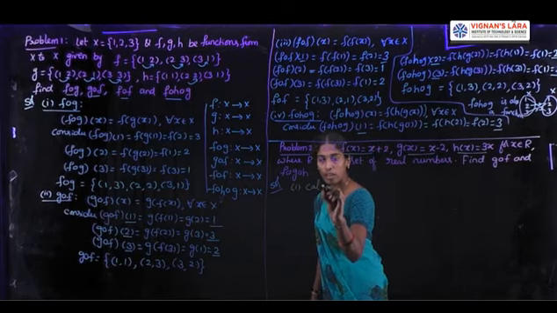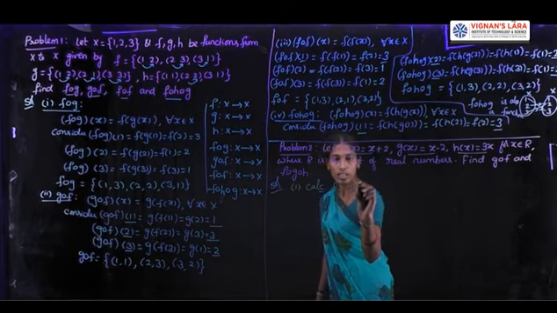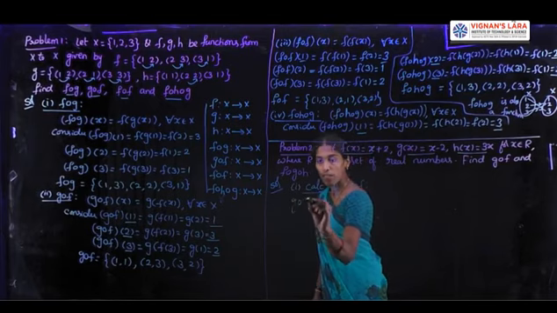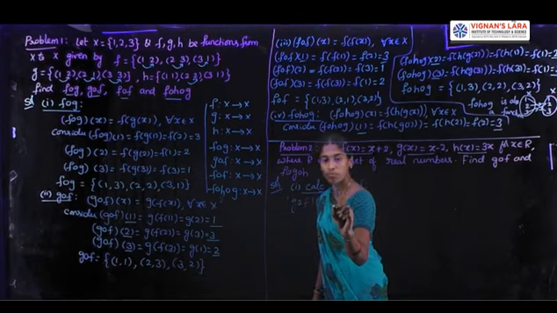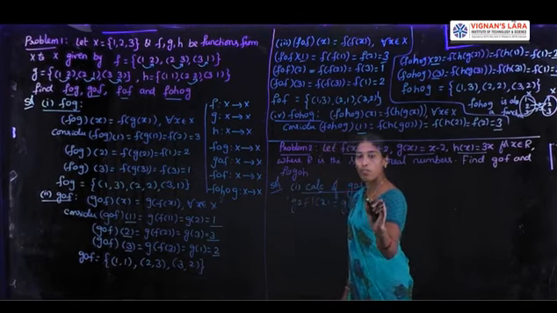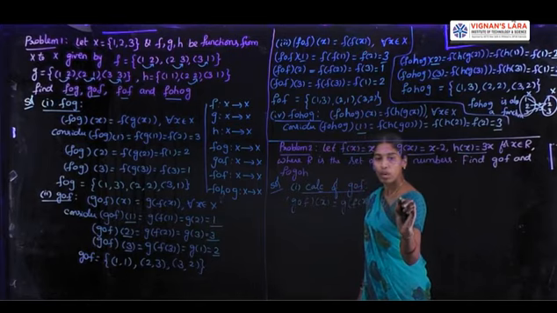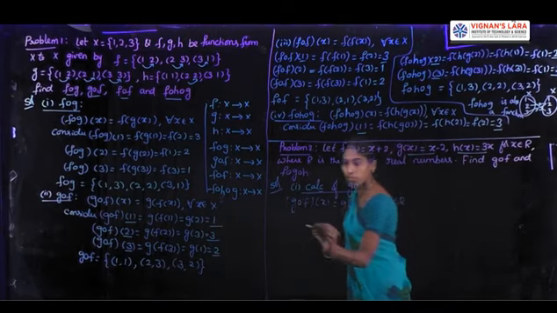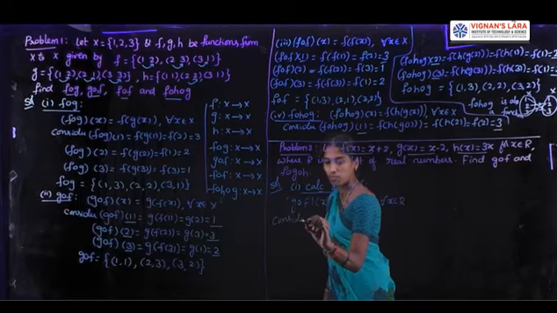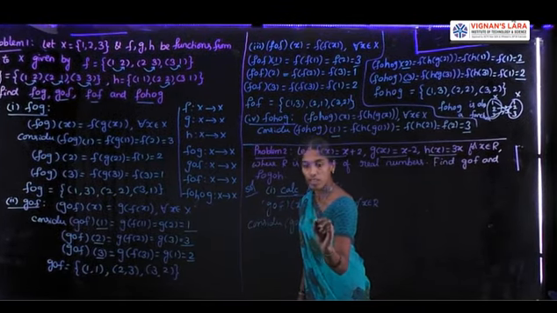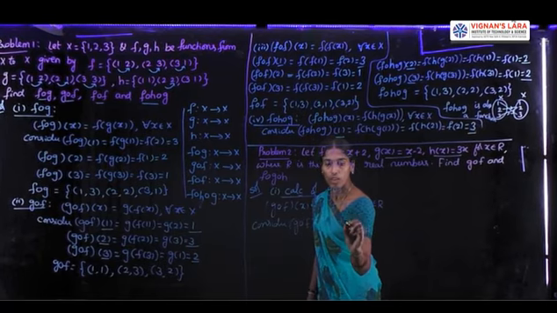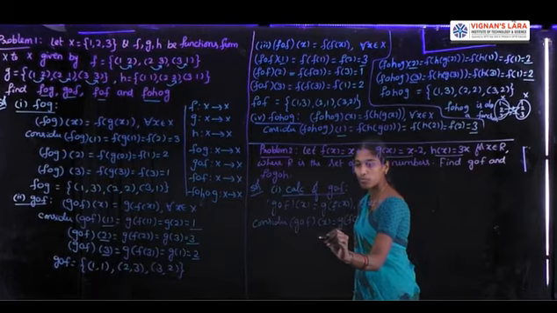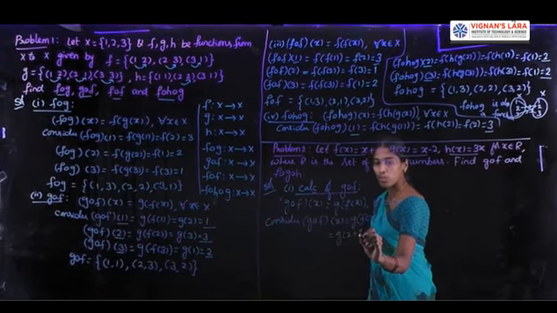Now, first, the calculation of G circle F. How can we define G circle F? G circle F of x is equal to G of f of x for every x belongs to R, because here R is the domain. So consider G circle F of x, which is equal to G of f of x. F of x is defined as x plus 2. So G of x plus 2.